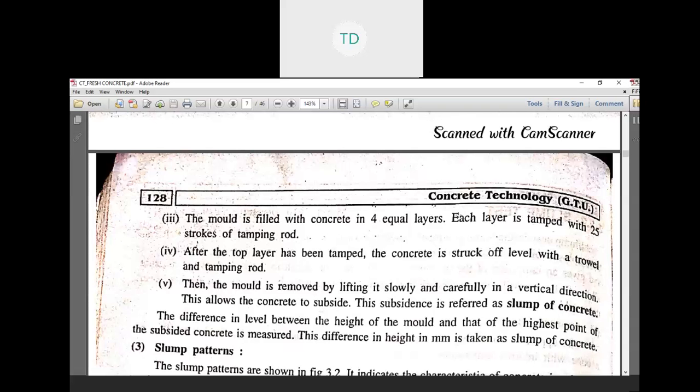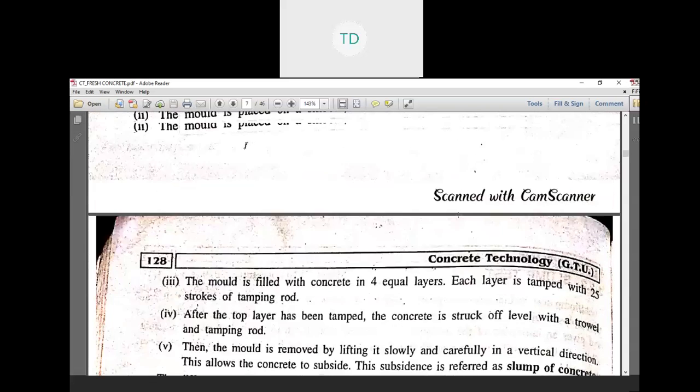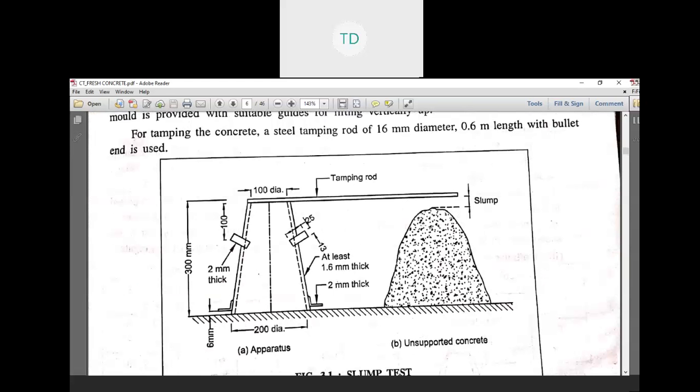Each layer is tamped with 25 strokes of the tamping rod. After the top layer has been tamped, the concrete is struck off level with a trowel and tamping rod. Then the mold is removed by lifting it slowly and carefully in a vertical direction, allowing the concrete to subside. This subsidence is referred to as the slump of concrete. As I discussed, that distance is called slump.